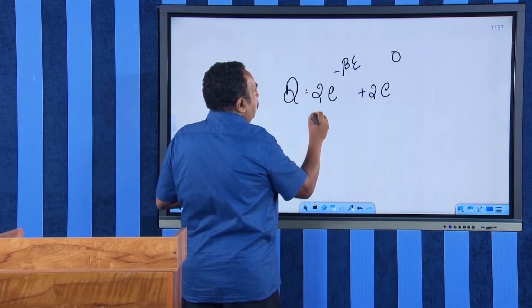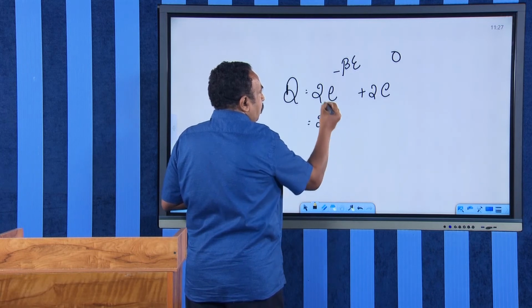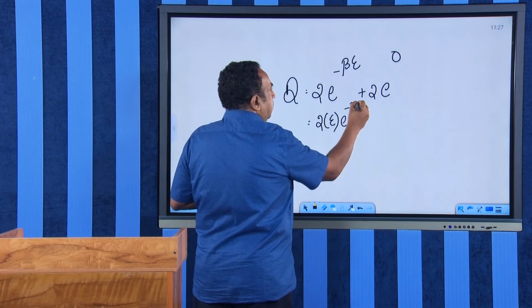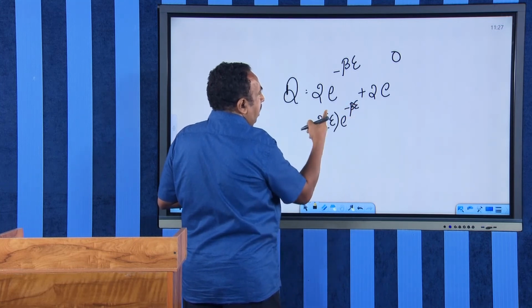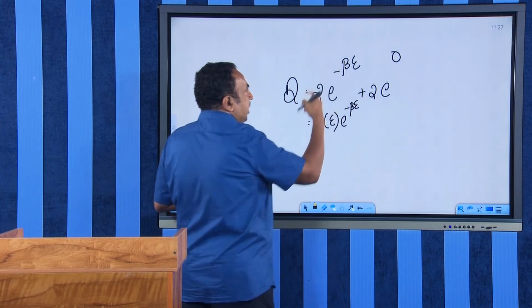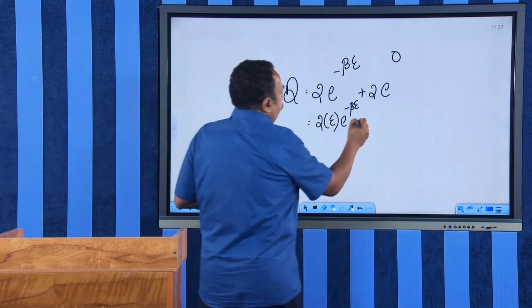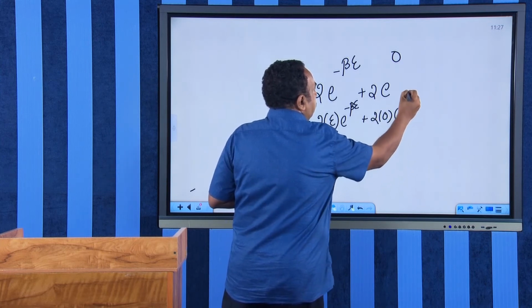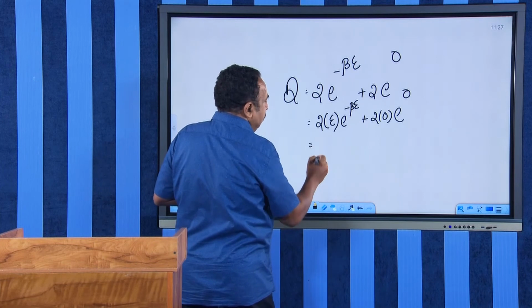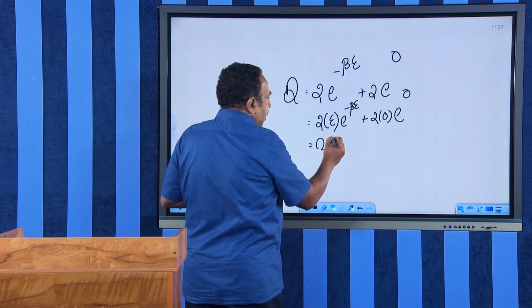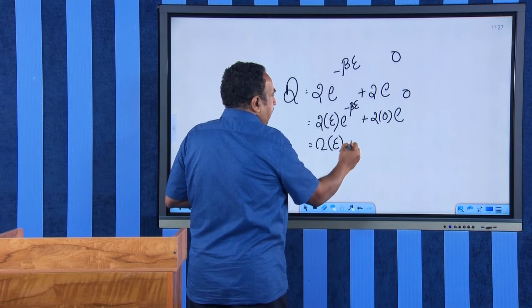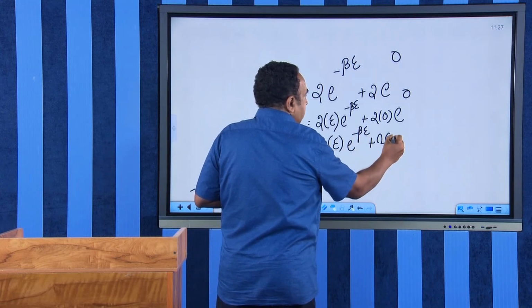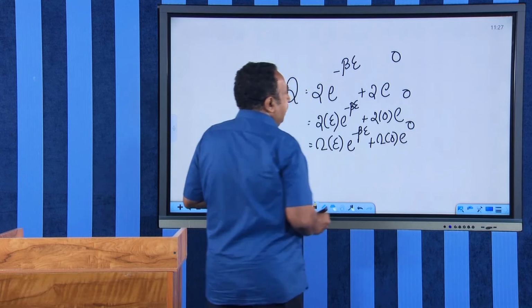Therefore, I have 2 energies, which is a function of epsilon. That is this microstate, this epsilon, there are 2 states having the same energy. Here I have 2, which is a function of 0, energy is 0, e raised to 0. This I am rewriting as omega epsilon e raised to minus beta epsilon plus omega of 0, e raised to 0.